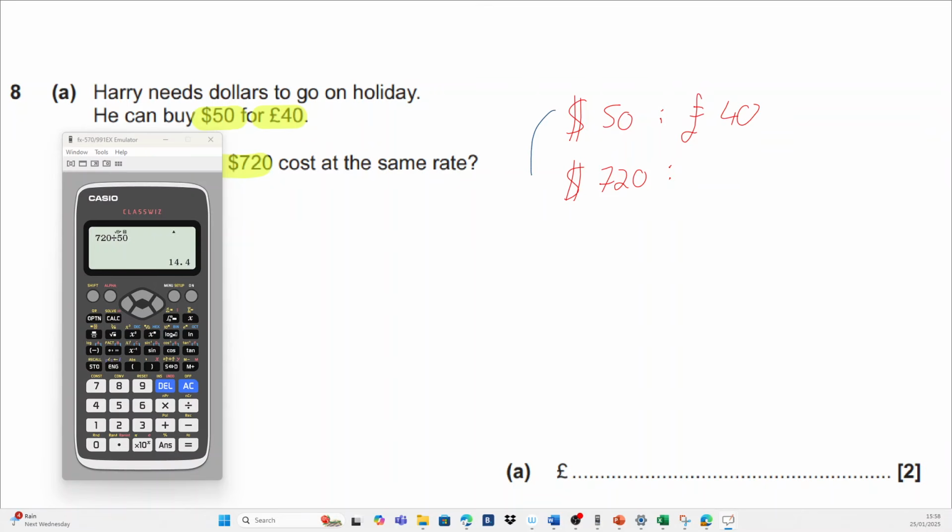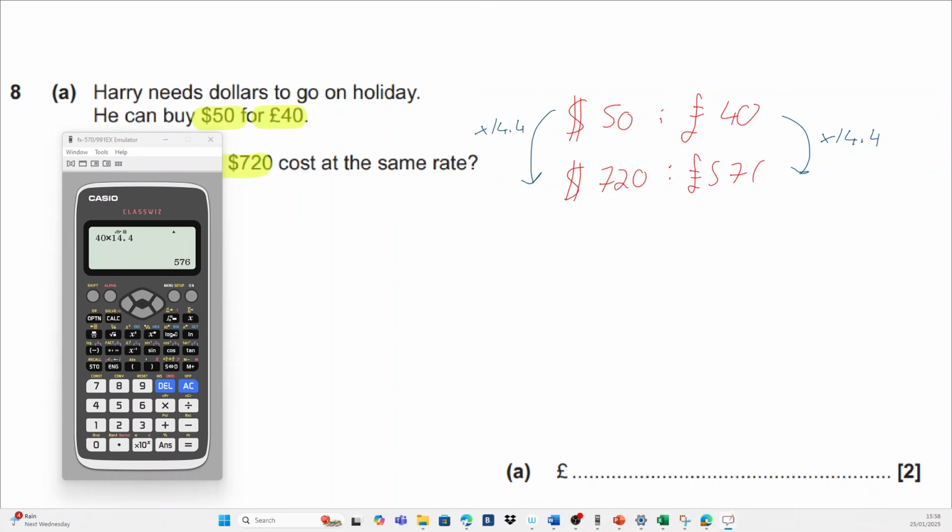So 50, and if you times this by 14.4, that's how you get from there to there. Do the same thing over here. Do £40 and times it by 14.4. Enter it, and we get £576.